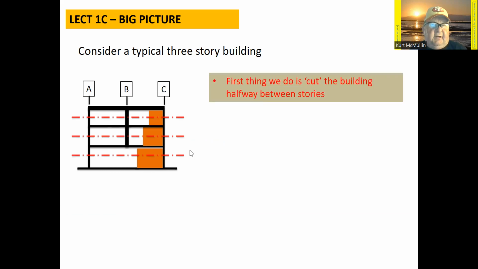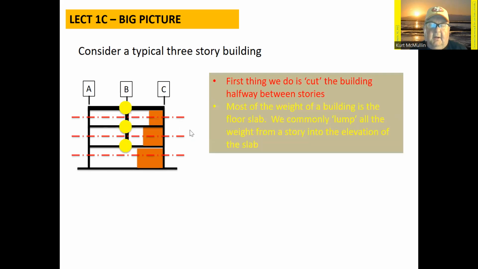Well, the first thing we generally do is we start to think about this building. We cut the building halfway between each elevated floor. Now, in general, most of the weight of a structure is located in the floor, the concrete slab or the wood flooring, and the walls are relatively light.